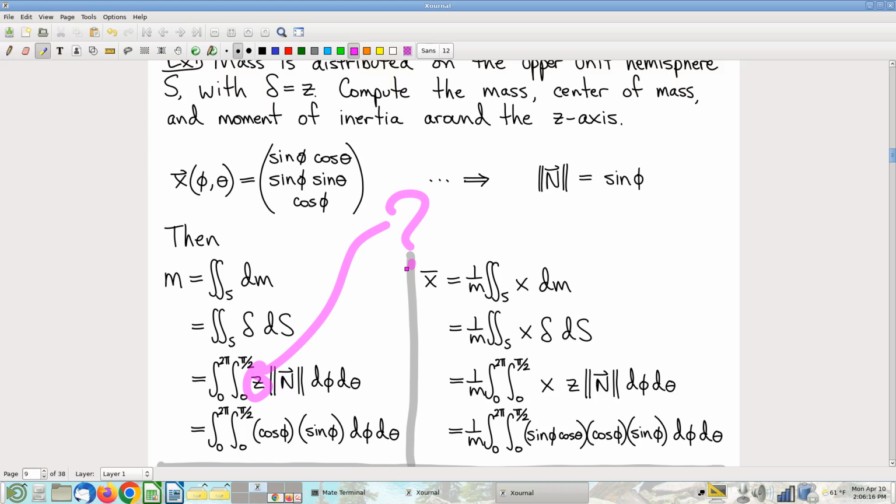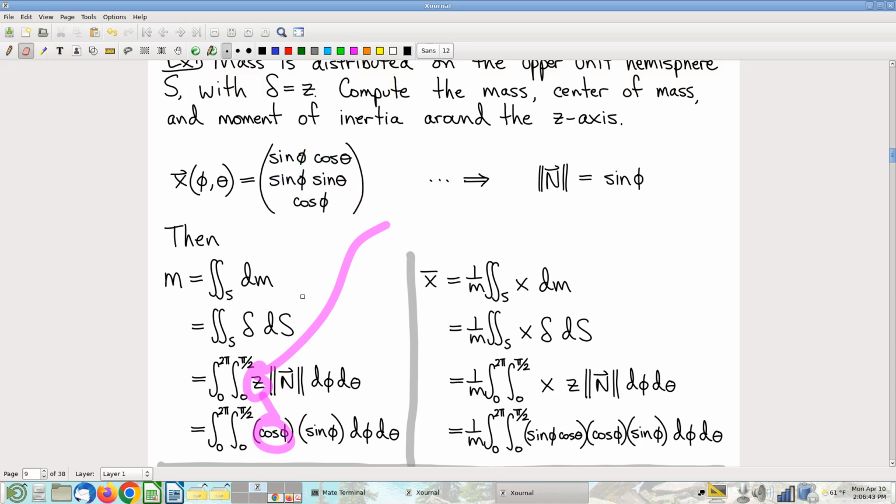And specifically, this is X, and this is Y, and this is Z. Right there. Right? So Z is cosine phi. Straight out of the parameterization. Everybody good?